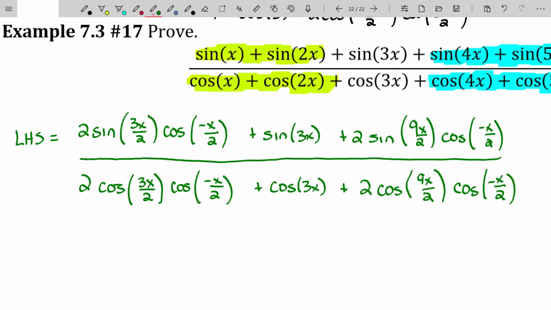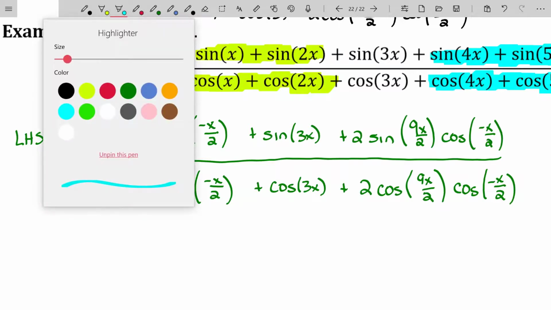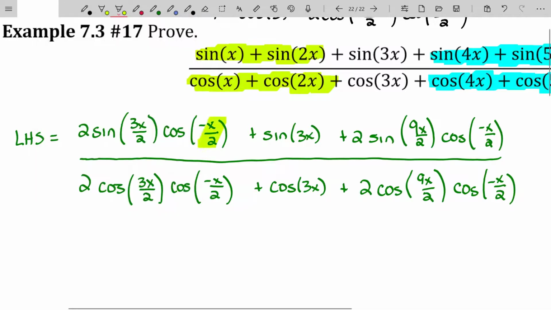And you take a look at that, and it does not look like it's really going to super work out. But what I'm going to do here, let's see, I'm going to combine some terms. Well, not combine them, but group them slightly differently. So what I'm going to do is take this first term and this third term in the numerator, and I'm going to group them together and factor out a cosine of a negative x over 2.